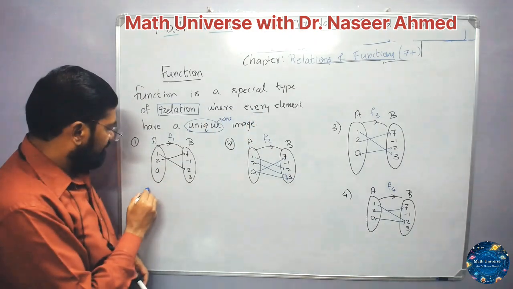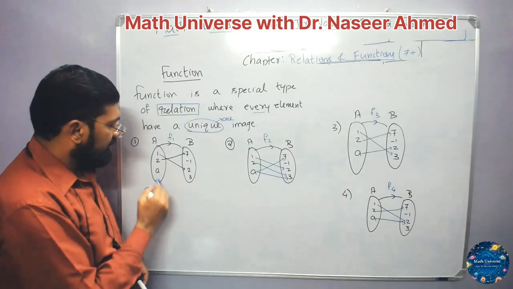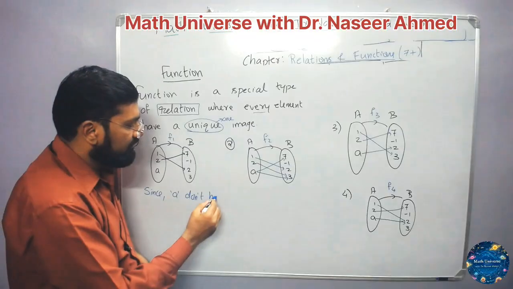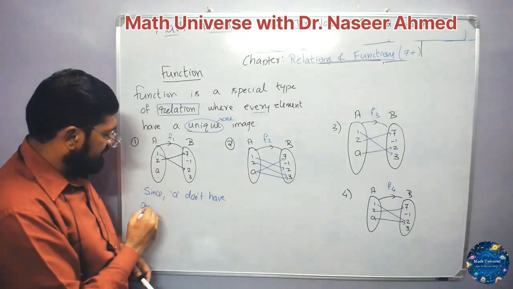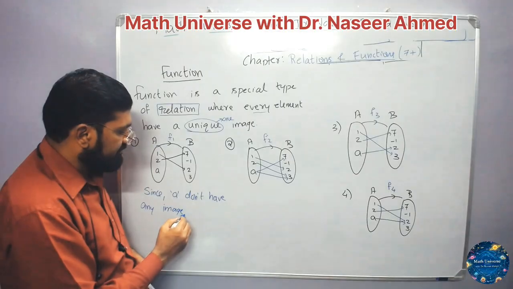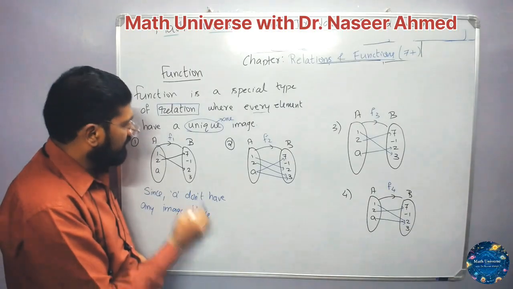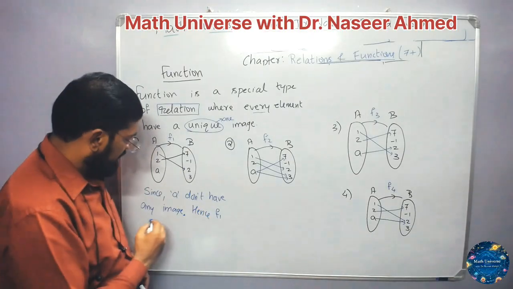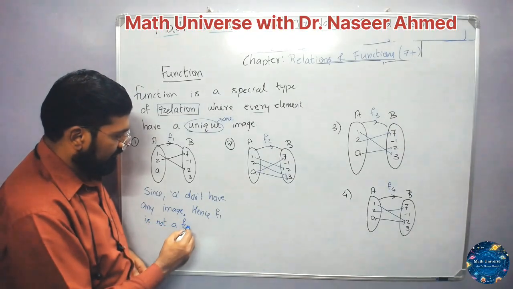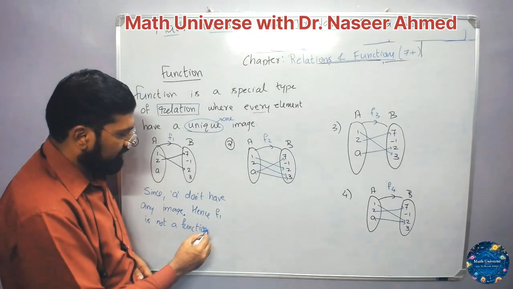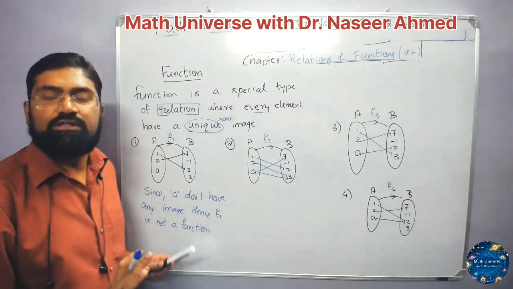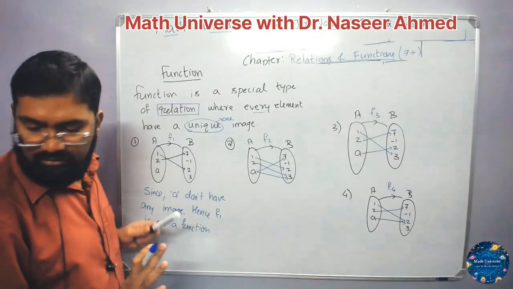So since A doesn't have any image, hence F1 is not a function. It's not a function because A doesn't have any image. I have given the reason as well so that you can understand better.